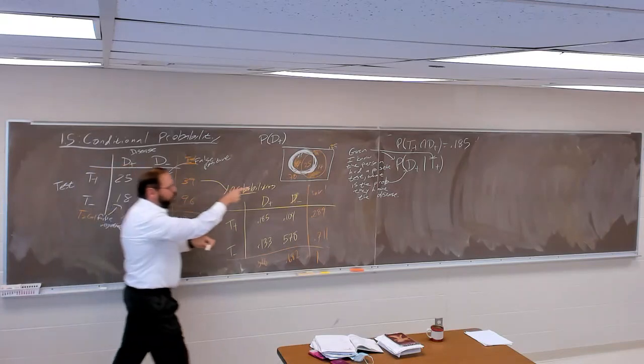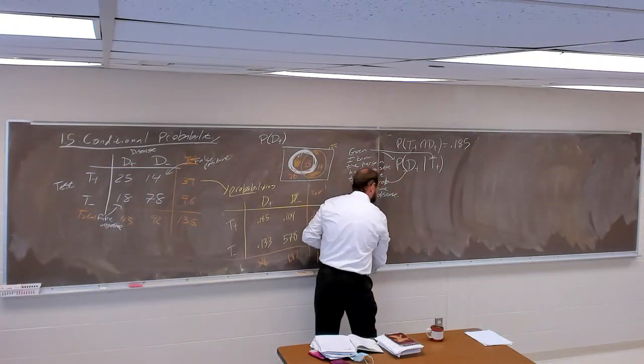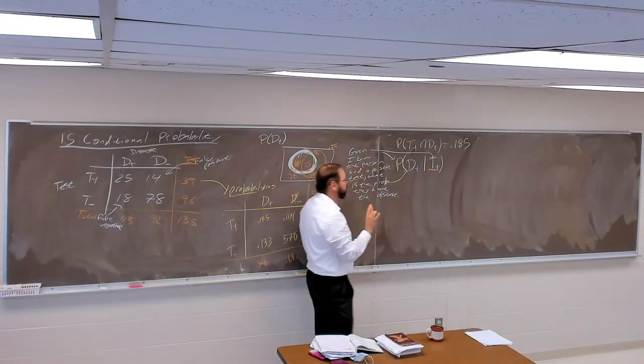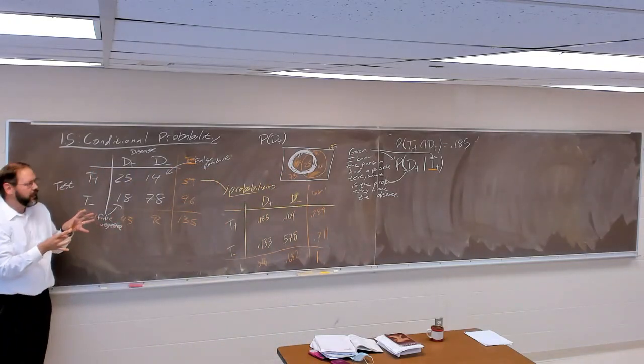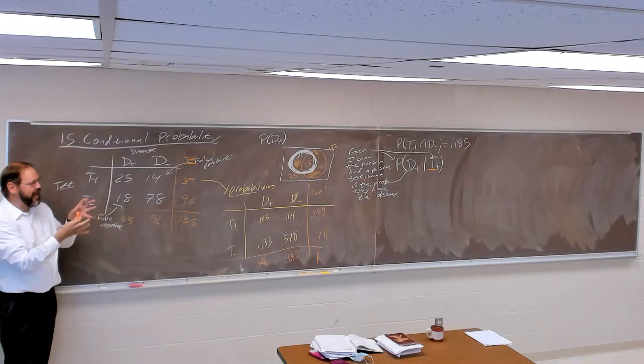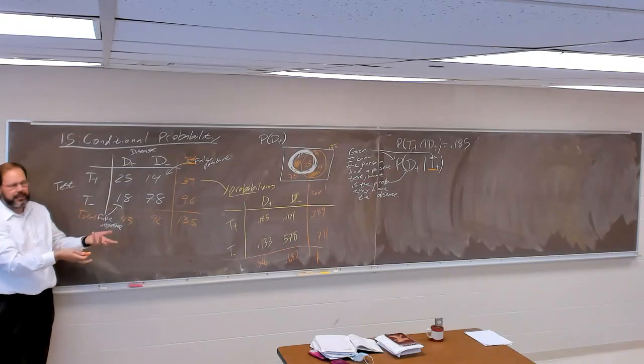What this one is now asking is, I'm no longer interested in the entire population. I have extra information. I'm actually only interested in that part of the population that corresponds to T+.